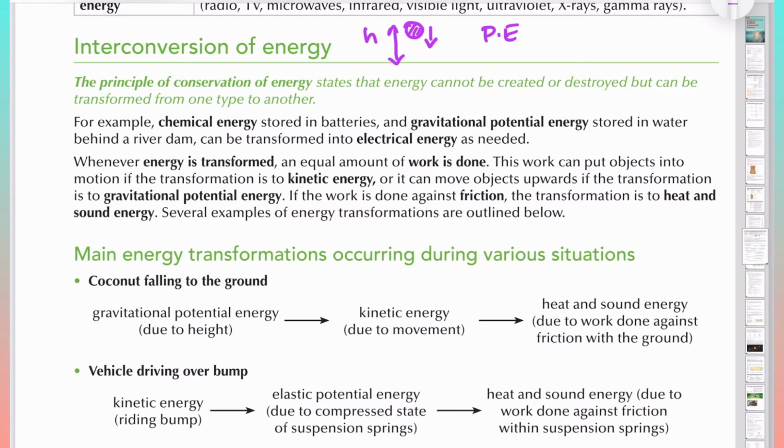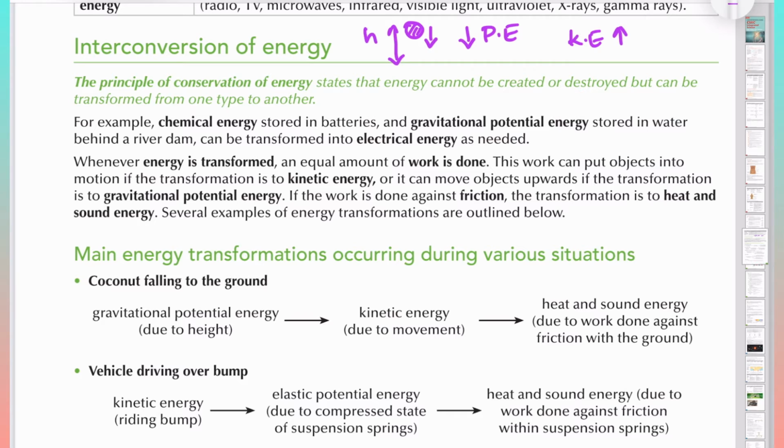Because the speed is increasing, the ball has motion. Because the ball is moving, it now possesses kinetic energy. And what we would notice if we have to calculate it is that potential energy will be decreasing. However, kinetic energy will be increasing. Eventually, just before that instant before the ball hits the ground, height is going to be 0.